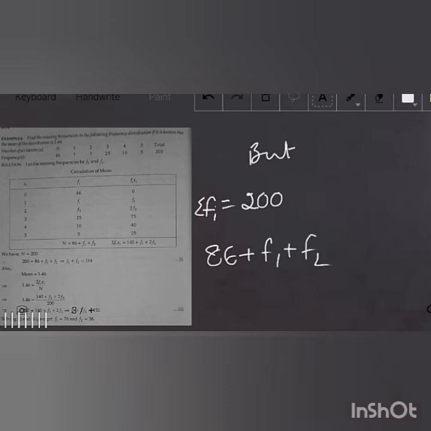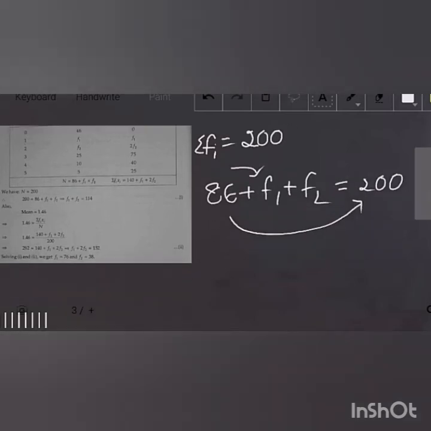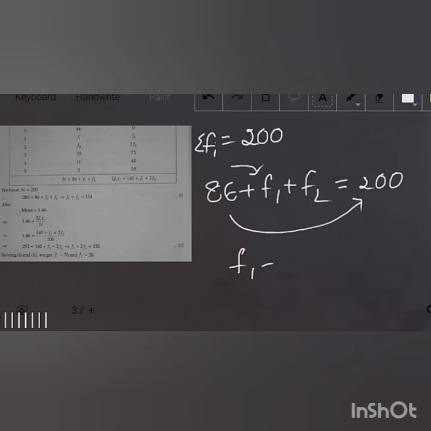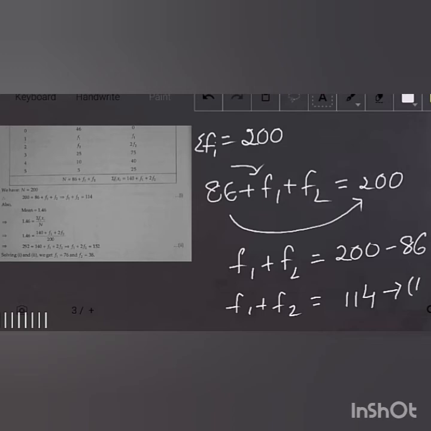Now let us take this 86 to the other side. We get f1 plus f2 equal to 200 minus 86, which is 114. Let us take this as equation 1.